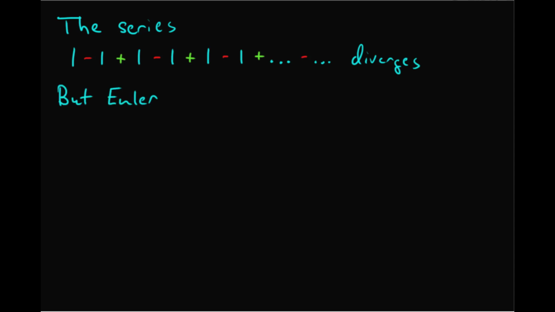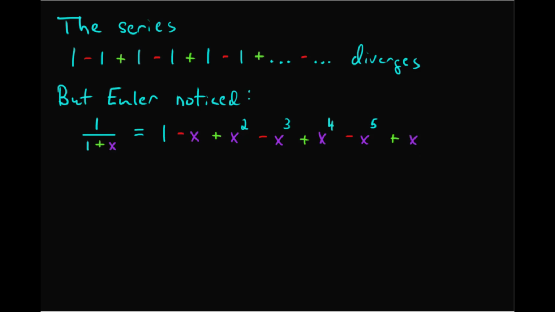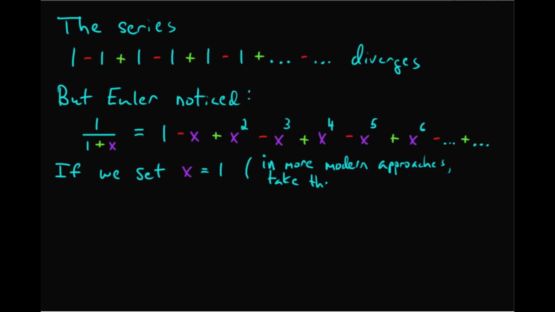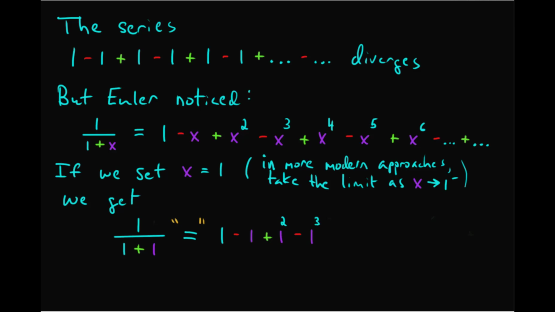And then Leonhard Euler came along and argued that Grandi's proposal that this series should in some sense be assigned the value 1/2 isn't entirely crazy, because Euler noticed that the function 1 over 1 plus x, which is represented by the alternating geometric series 1 minus x plus x squared minus x cubed plus x to the fourth minus x to the fifth plus ... over its region of convergence, which is x having an absolute value less than 1, then if we evaluate the series at the boundary where it does diverge, in other words, if we set x equal to 1, that's a value for which the series no longer converges, we nonetheless have 1 over 1 plus 1 equals 1 minus 1 to the first plus 1 squared minus 1 cubed plus 1 to the fourth.